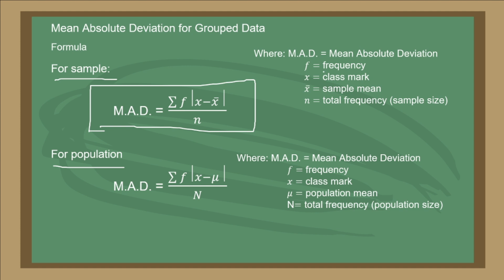F stands for frequency, x stands for class mark, x bar stands for sample mean, and n stands for total frequency or sample size. While for the population, MAD is equal to the summation of f times the absolute value of x minus mu, over N.